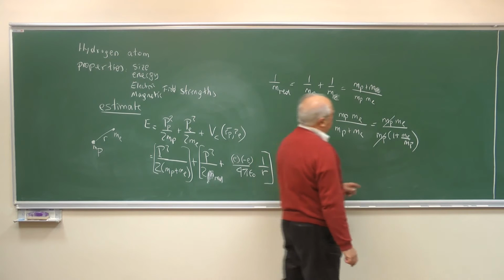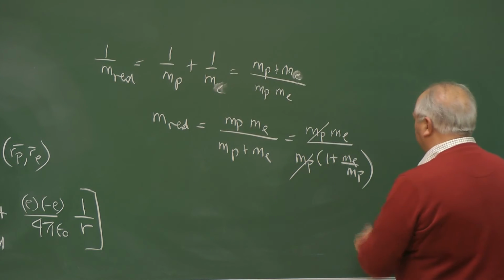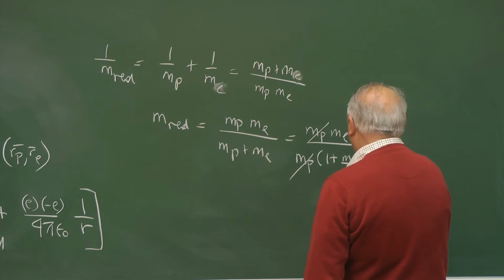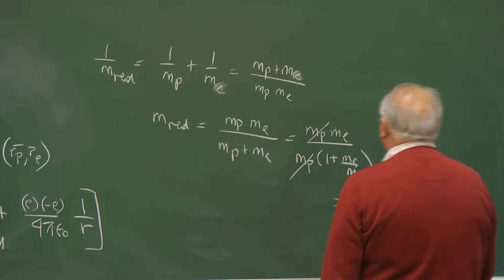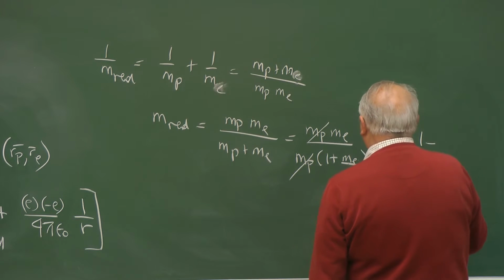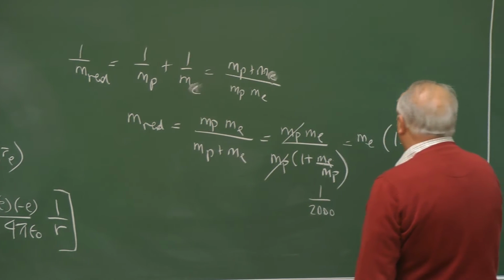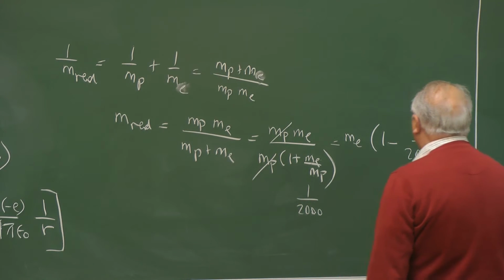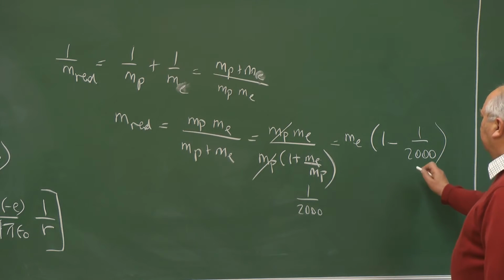And this is a small parameter because it is of the order of 1 over 2000. So it is m_e times 1 minus 1 over 2000. So we basically neglect it.